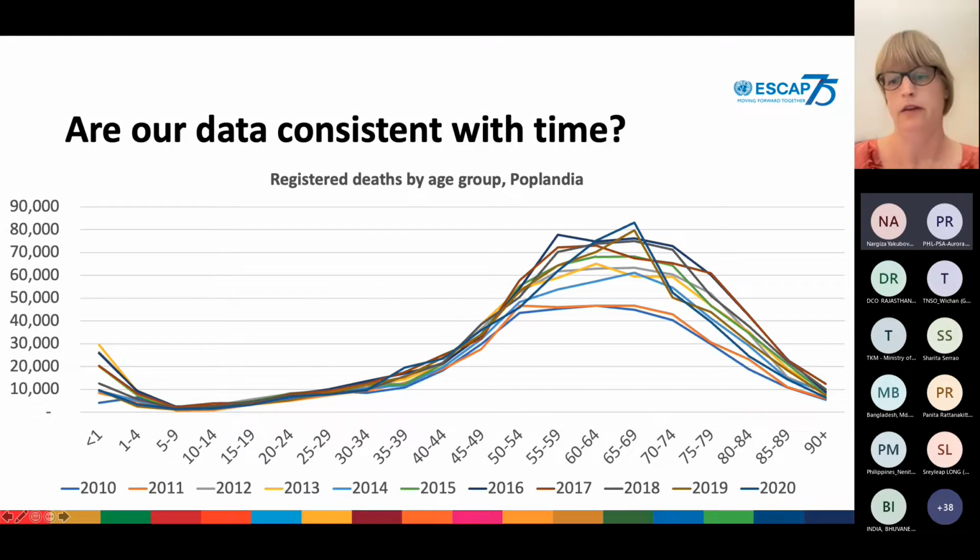The years that are lower here are 2010 and 2011, and then things seem to go up. That could be because registration improved, but at least the shape of our curve is pretty similar over time, so we are comfortable with that.